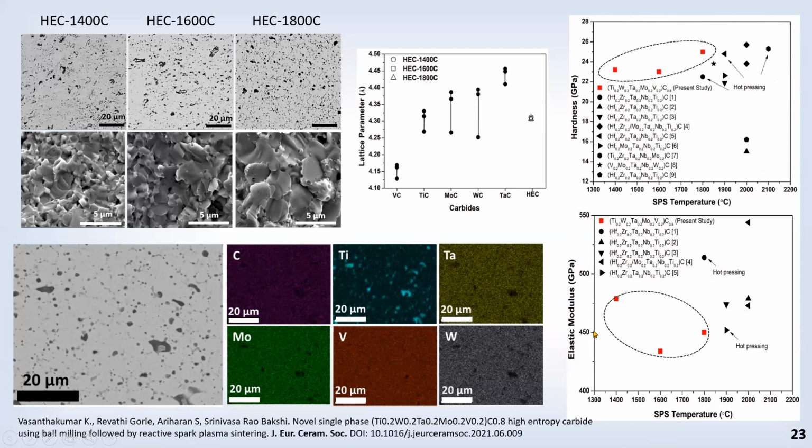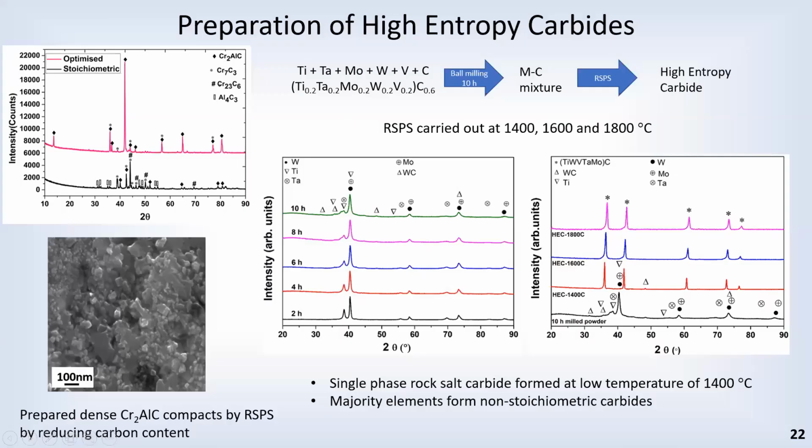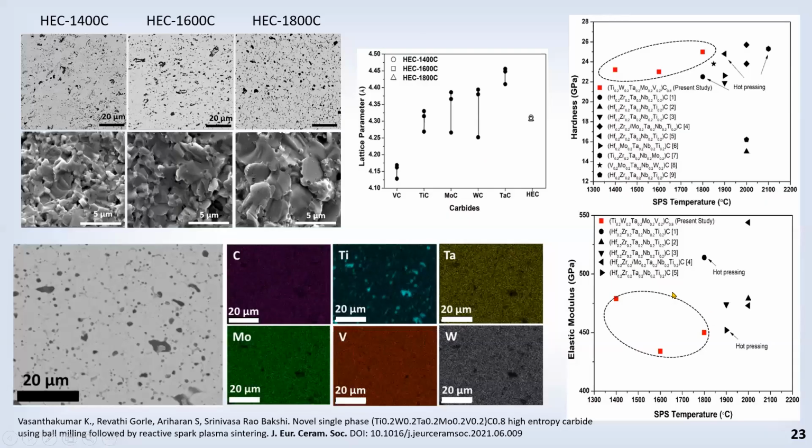Our properties, such as elastic modulus, are comparable to many of the high temperature carbides. And we are able to get these properties without using hafnium, which is a very expensive metal.